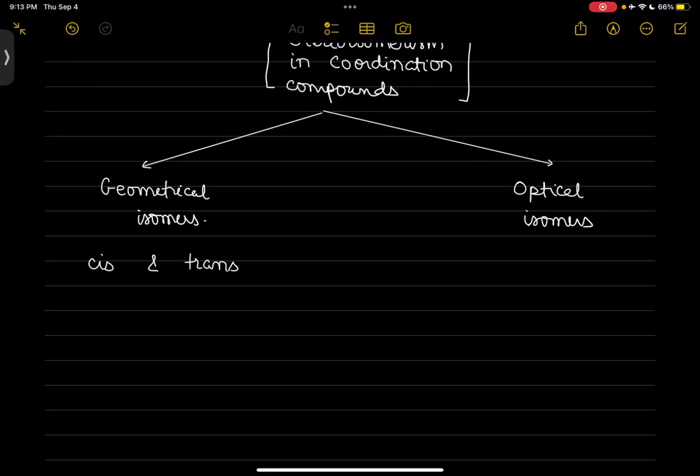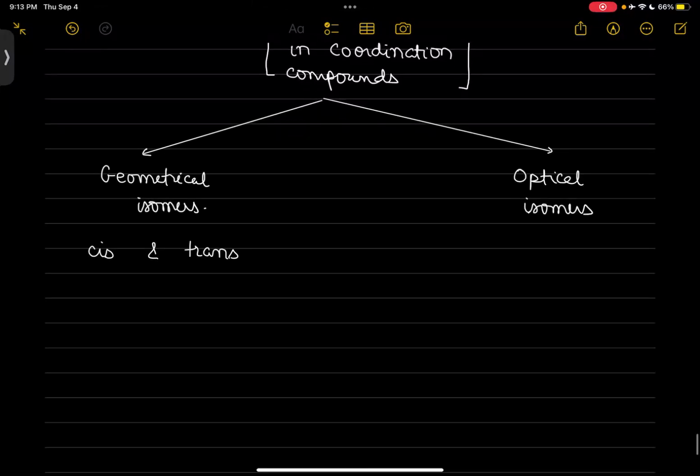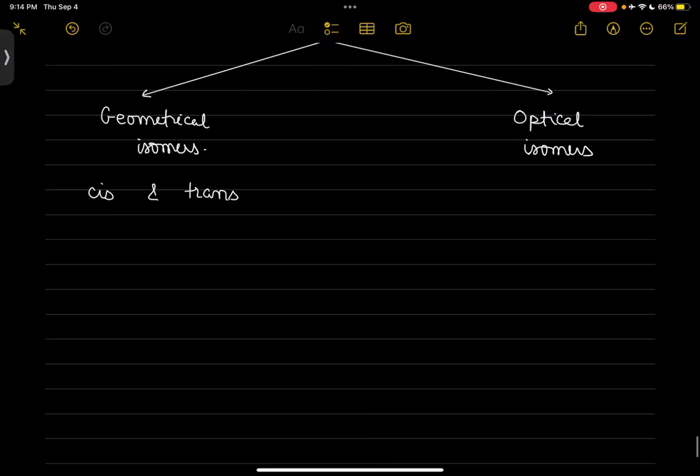They have the same formula, a different three-dimensional arrangement of groups, and they differ with respect to their optical rotation also. So you check the optical rotation of this compound in a polarimeter. One isomer can be dextrorotatory, another isomer can be levorotatory, right? So that we can discuss in detail. First, we need to look at the geometrical isomerism.